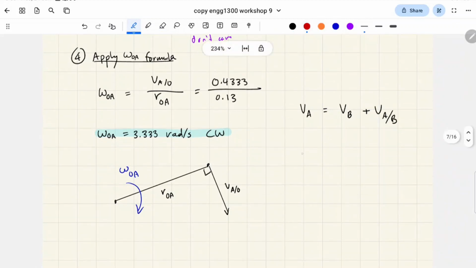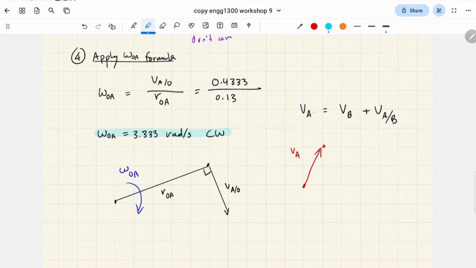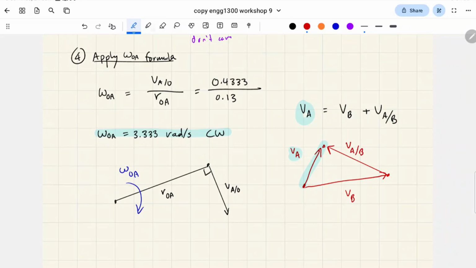How the arrows work out is pretend VA looks like that. Basically, the left-hand side here has to equal the right-hand side. So if that's VB, for example, then the arrows have to go tip to tail and match at that point, right? That's the way that I always draw it so I don't confuse myself, and then I rearrange it from there, right?